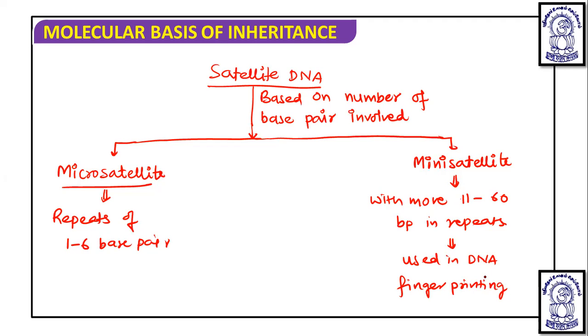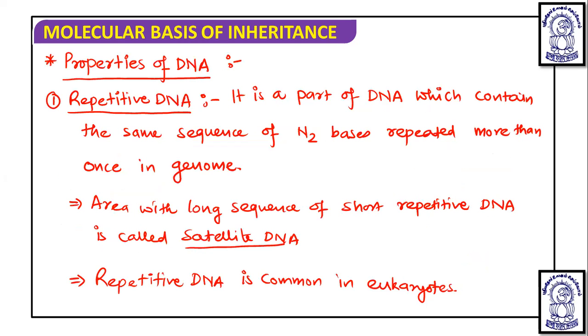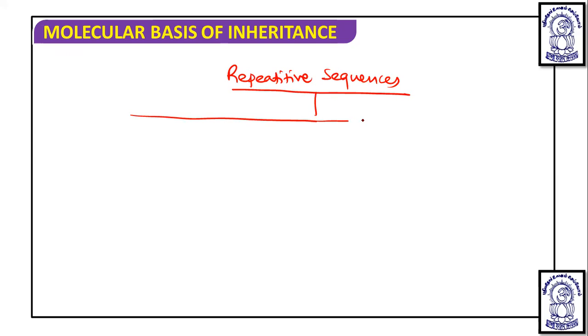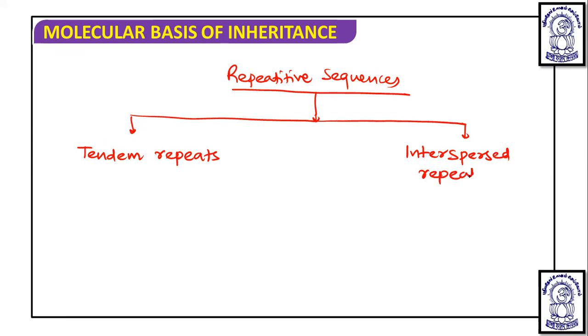Now, these repetitive sequences again are of two types, that is tandem repeats and interspersed repeats.